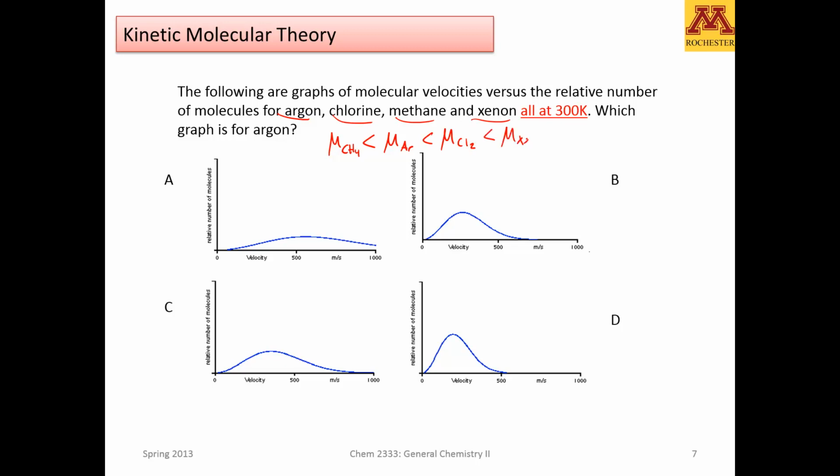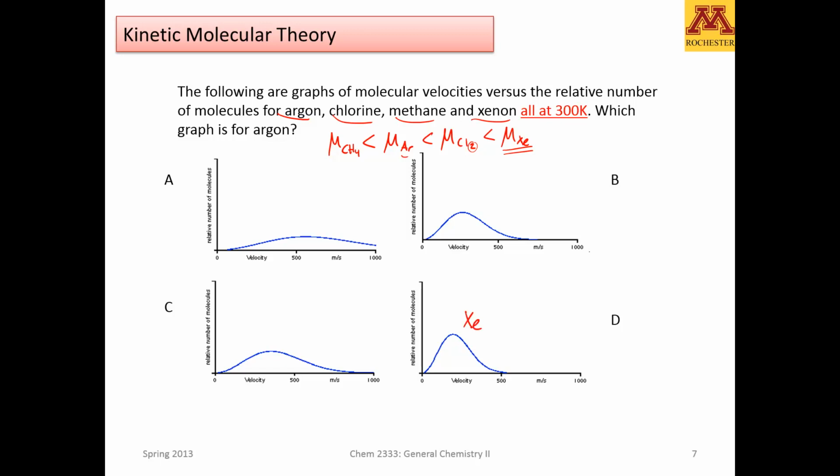The only trick in this problem was that if you had not put the 2 on chlorine, you would have said that chlorine gas was lighter than argon. But if we accept this trend, the heavier your gas, the more narrow your peak will be.